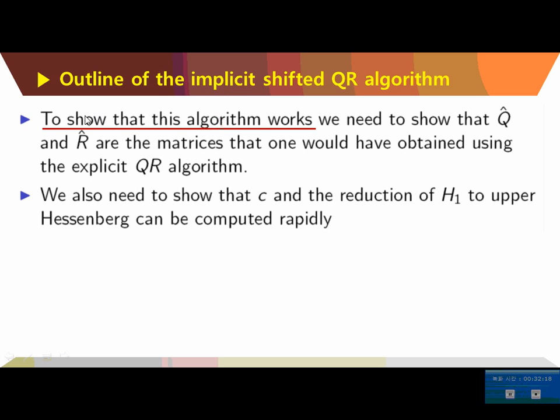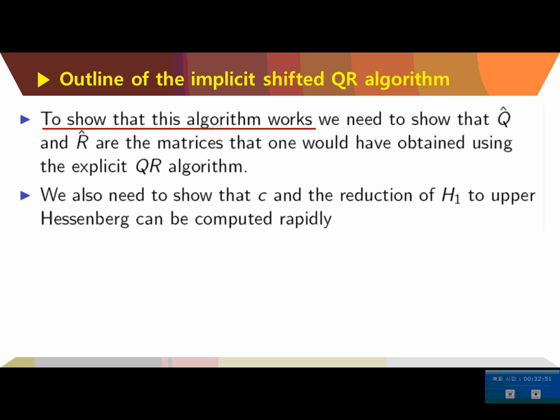Okay, the next thing is to make sure how this algorithm works. In order to do so, we need to show Q hat and R hat are the matrices that we would have obtained using the explicit QR algorithm. The Q hat and R hat that we found are the same as what we found the earlier way. So theoretically, it's quite easy. When we have computational difficulties, we can use some perturbations like that.